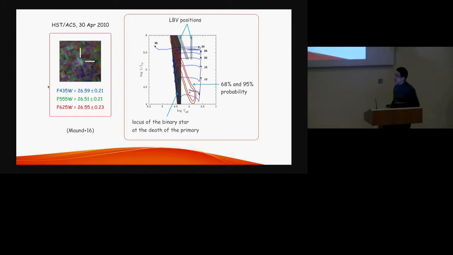So this can serve as evidence that binary interaction could be very important for producing such a supernova. But unfortunately, the properties of this binary companion have not been very well constrained.